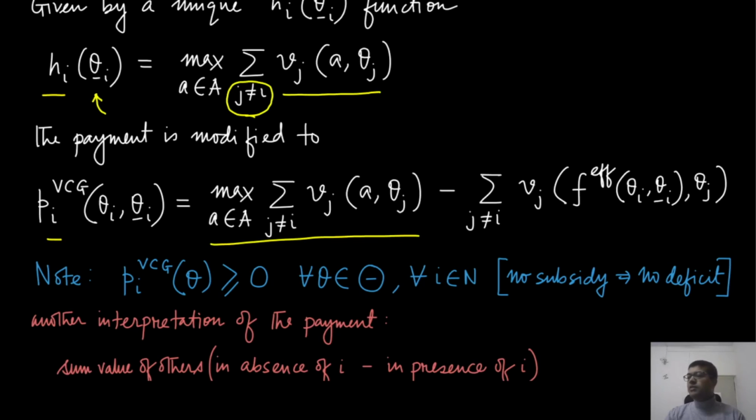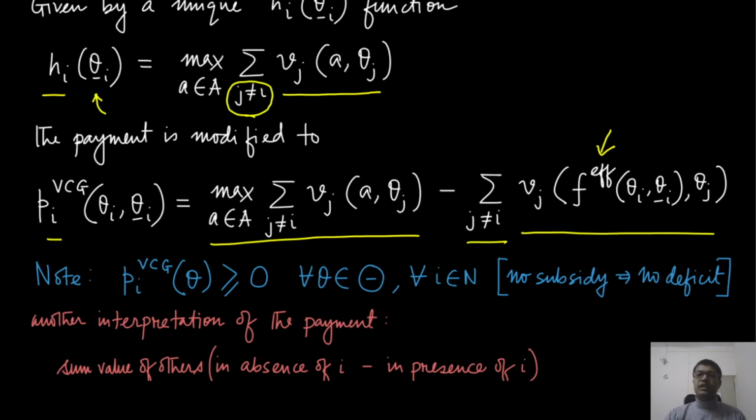And the second term is the sum of the valuations of all the agents except agent i at that efficient allocation. So here agent i was present, which possibly gave a slightly worse outcome for all the other agents except agent i. So the welfare of the other players is being subtracted from the maximum welfare that they could have got.